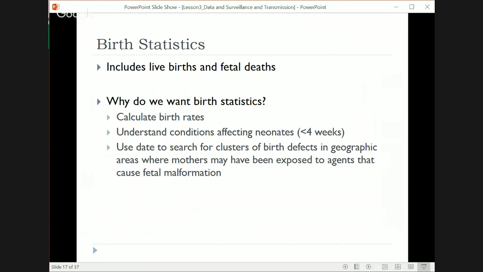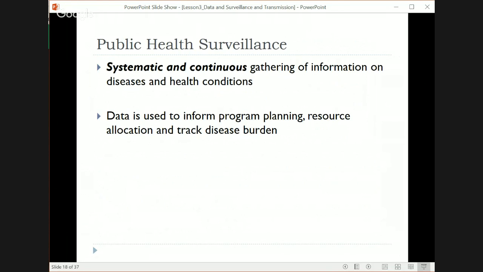All this vital statistics information is broadly part of public health surveillance. The definition your book uses, and the one I would like you to know, is that it's the systematic and continuous gathering of information on diseases and health conditions.